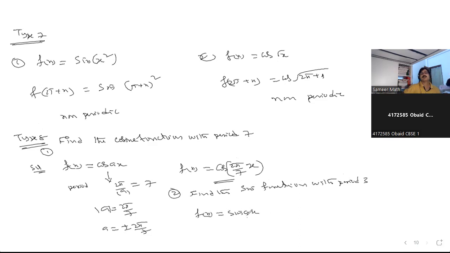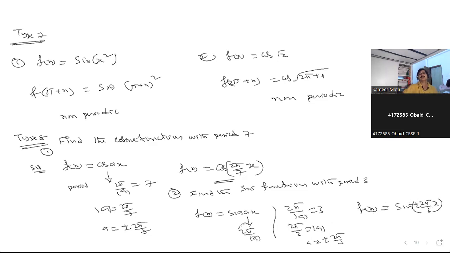What is the period of this function? 2 pi by mod a. But that fellow has given 2 pi by mod a is equal to 3. That is, 2 pi by 3 is equal to mod a, or a is equal to plus or minus 2 pi by 3. So your function is f of x is equal to sine of plus or minus 2 pi by 3 x. You have to write like this. In this way, we are going to find the function for the given period.